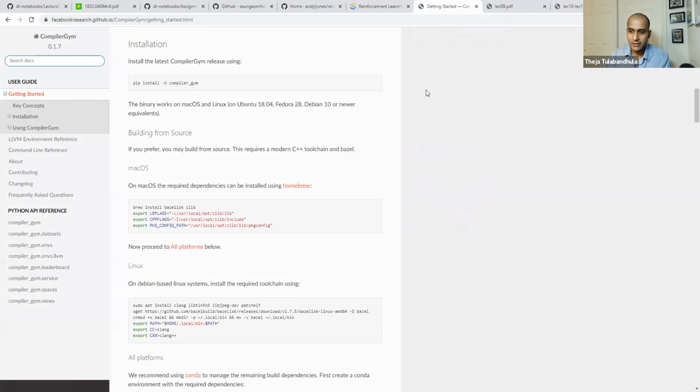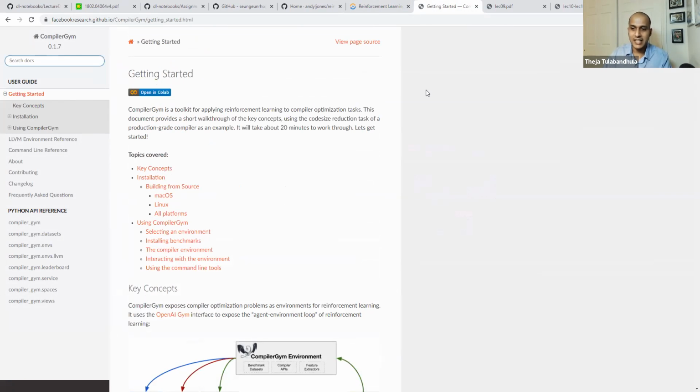Just to give you some examples of not so obvious places where people are trying to use reinforcement learning, there's even the design of compiler optimization. This is something that most of you will probably not see unless you are in computer science, and even then only in a very small sub-area.